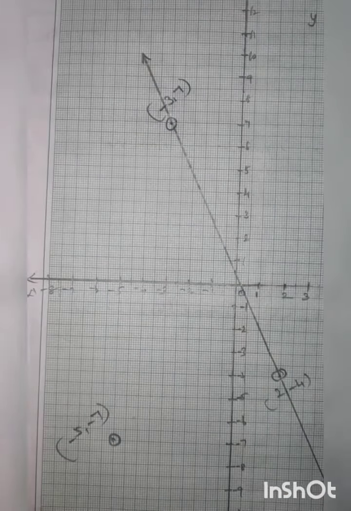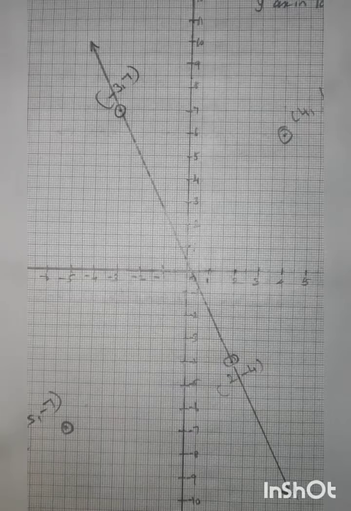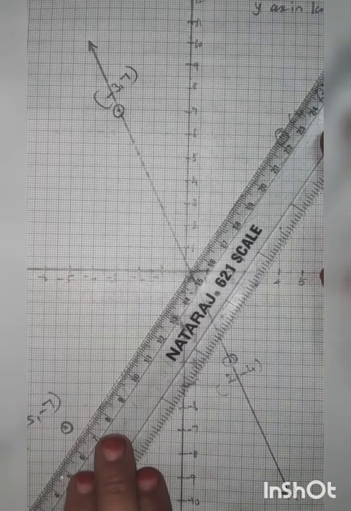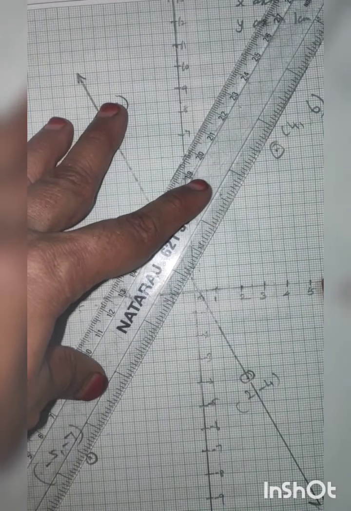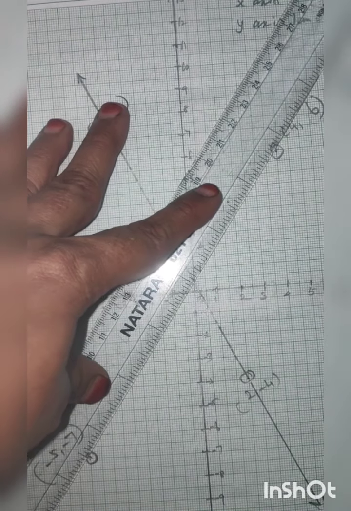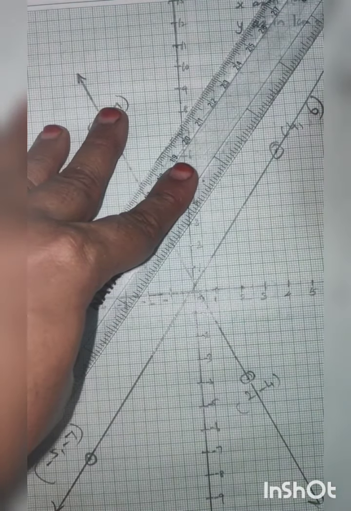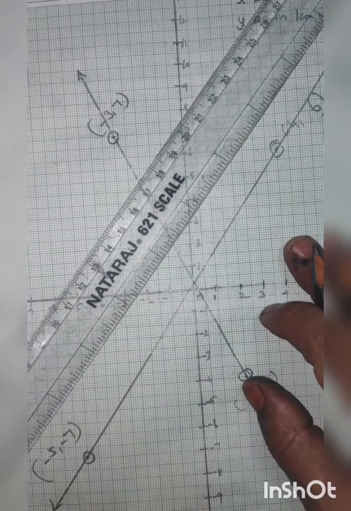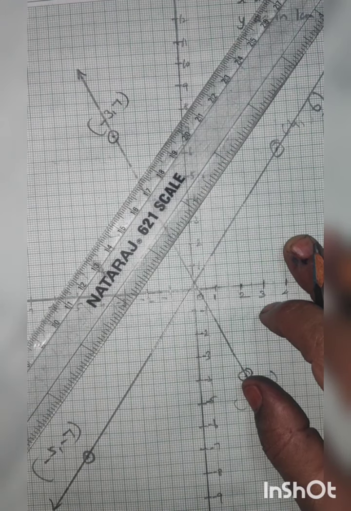Now join these 2 lines, 4, 6 and minus 5, minus 7. Put in the arrow mark. Now you want to find the point where the 2 lines meet.